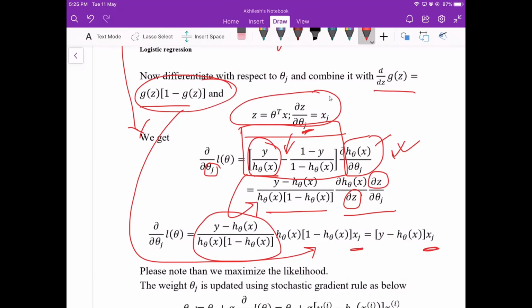Finally, after simplification, we have y minus h theta times xj. So this is the first derivative of the likelihood function.